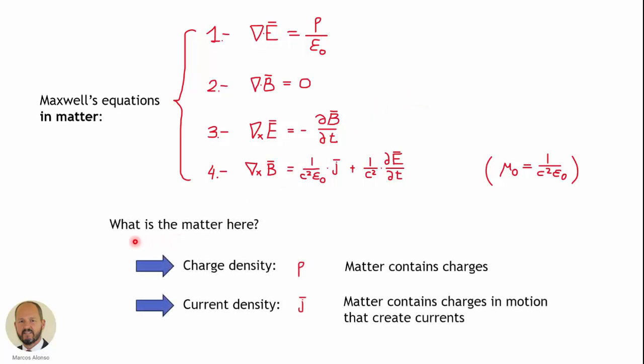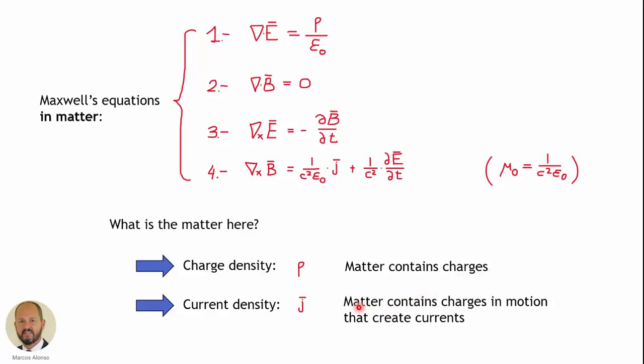So now we can ask ourselves, what is the matter here? What is the matter in these equations? The matter is here in the charge density and here in the current density, because matter contains charges and therefore they are going to have a charge density due to the presence of matter.